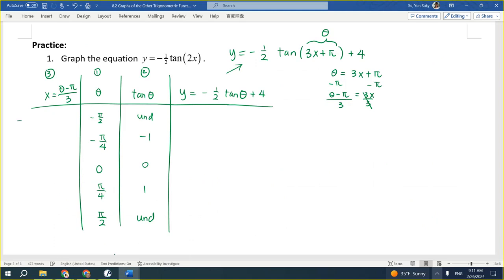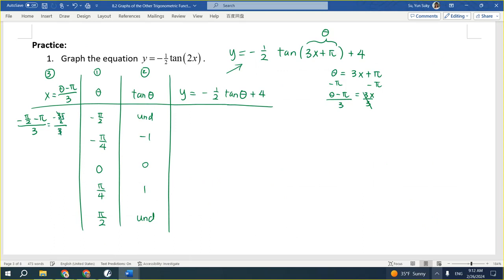Here, theta is negative pi over 2. So we plug in this formula: negative pi over 2 minus pi, over 3. What is negative pi over 2 minus pi? Yes, very good. This is negative 3 pi over 2, divided by 3.